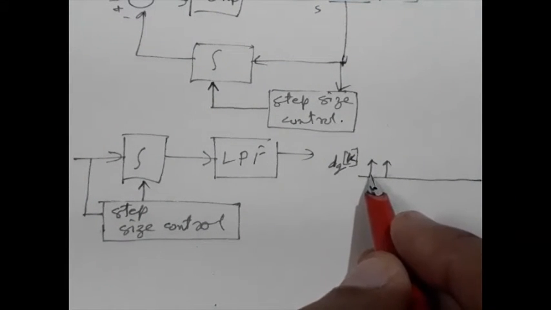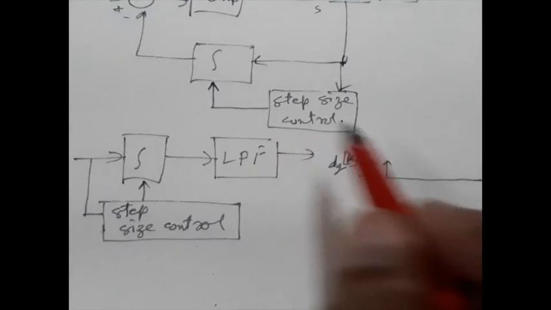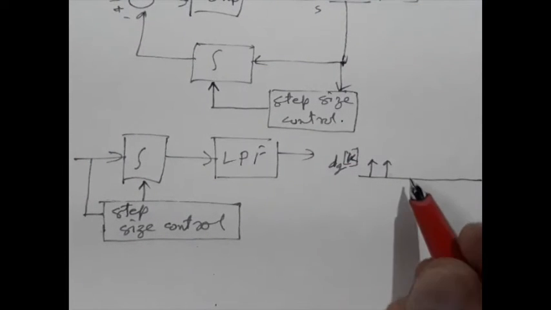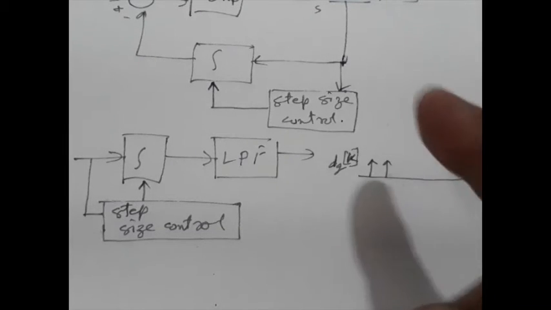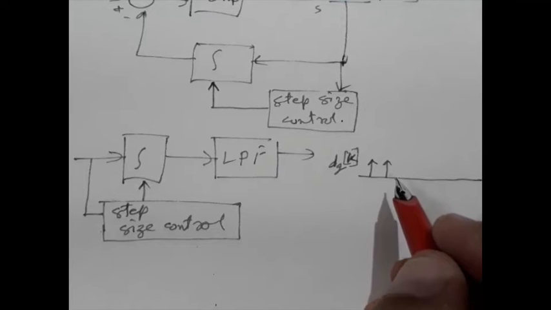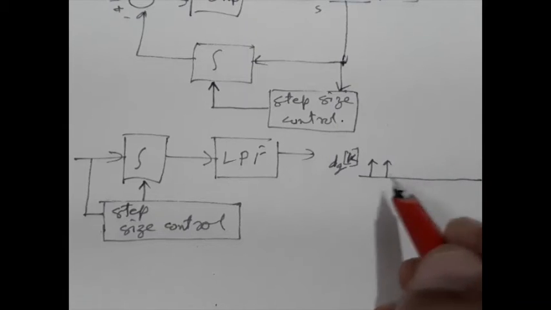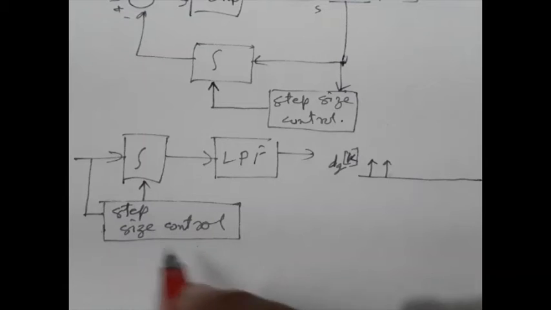If we get successive positive spikes, that means MT is increasing. Similarly, if we get successive negative spikes, that means MT is decreasing. And if we get alternate spikes, that means MT is almost flat. So from that we can have some idea how the step size can be controlled.